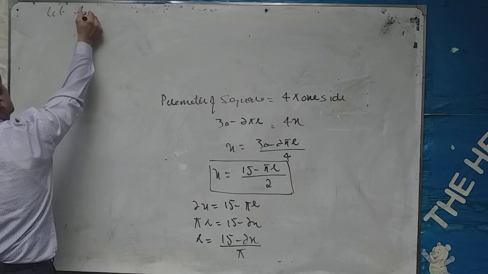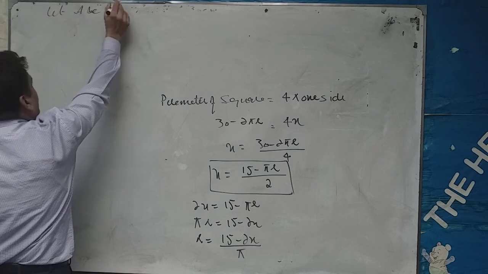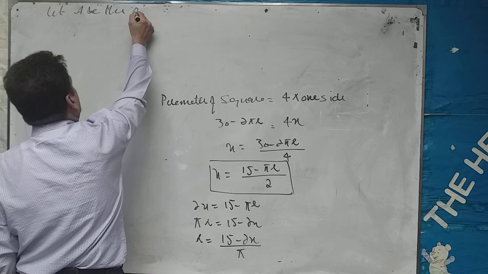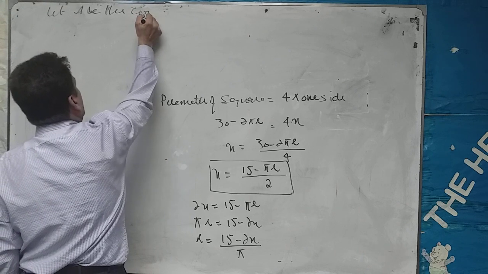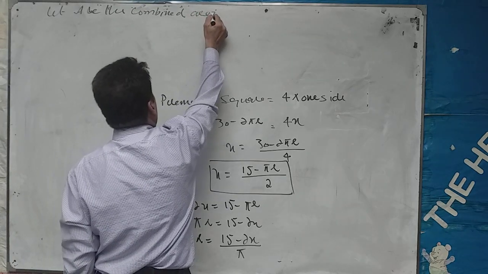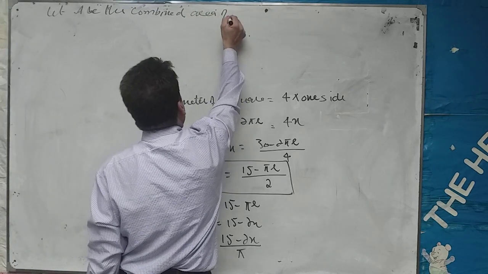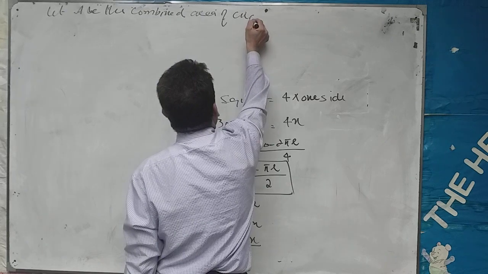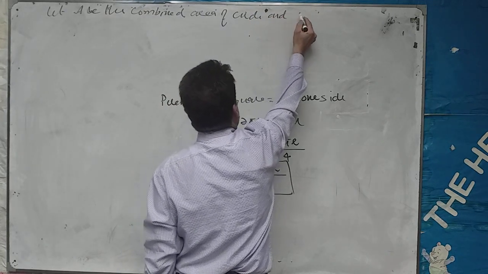Let A be the combined area of circle and square.